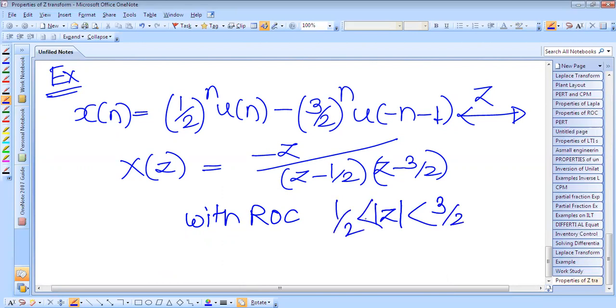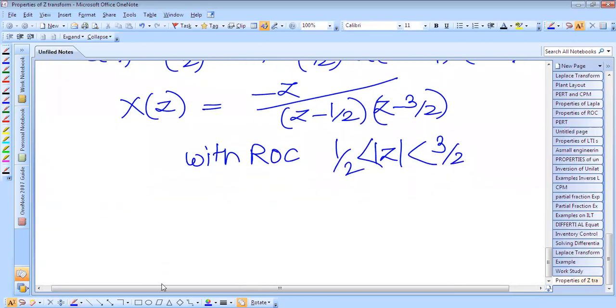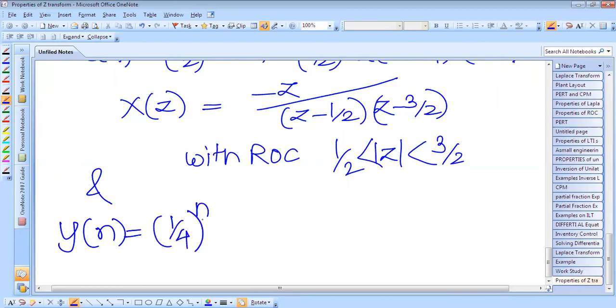So this function is given to you, and the other function is also given: y of n is equal to 1 by 4 raised to power n u of n minus half raised to power n into u of n.